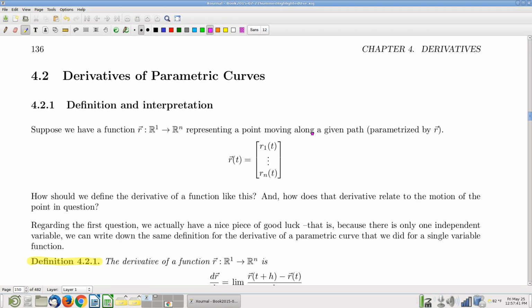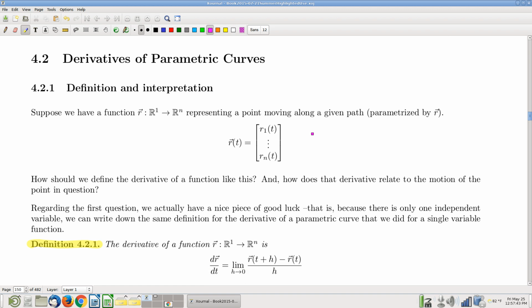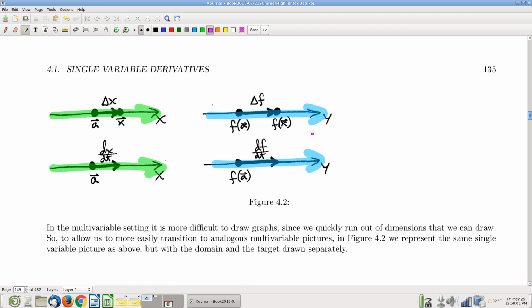Okay, so now before we capitalize on what we just talked about, there is one little special case that I need to treat first: derivatives of parametric curves. It turns out that derivatives of parametric curves are an extremely handy way to generalize this idea, right?